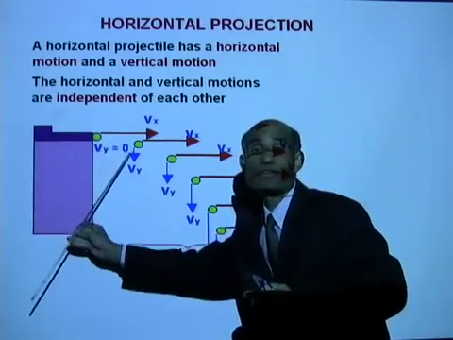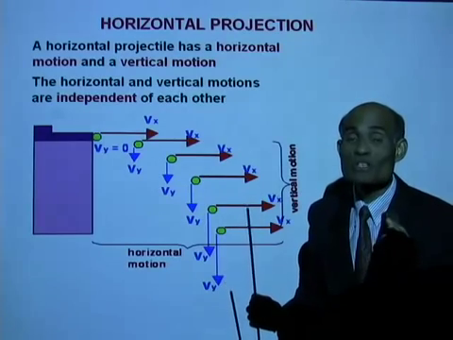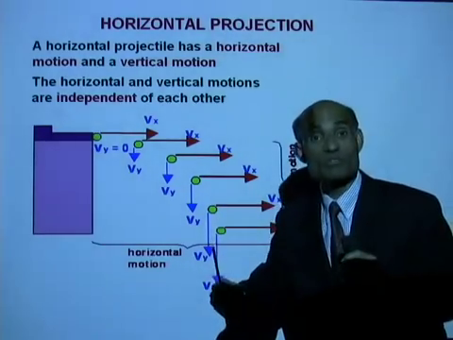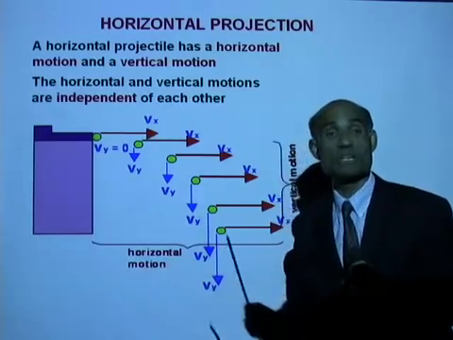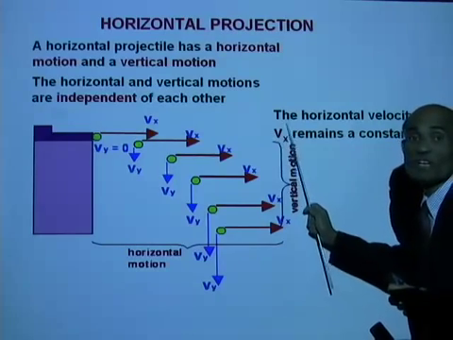The y velocity will keep on increasing according to the equation Vy equal to Vy0 minus gt. The horizontal velocity v sub x remains a constant.